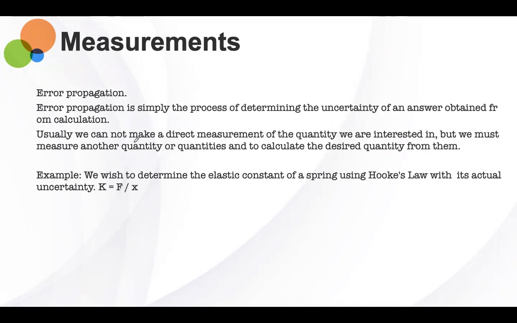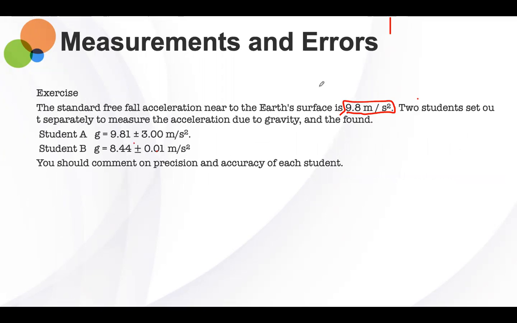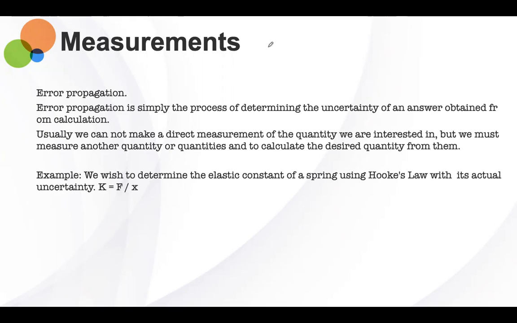So we move on now to error propagation. We won't be able to finish this now, right? We'll have to come back after the break because we have 5 minutes left. But error propagation is simply the process of determining the uncertainty of an answer obtained from calculations. Now, you might have used a ruler.